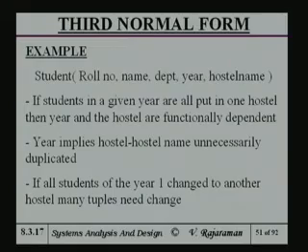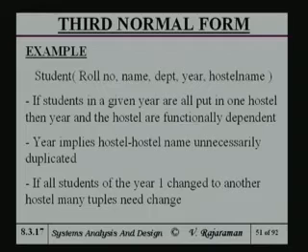Now, if all the students in say first year are put in hostel A, and all students in second year are put in hostel B, and all students in third year are put in hostel C, and so on, then it turns out that hostel name and year are functionally related. That means if a student happens to be in second year, you know by implication that he will be in hostel B. If he is in first year, you know he will be in hostel A. So year implies the hostel, and hostel name is unnecessarily duplicated.